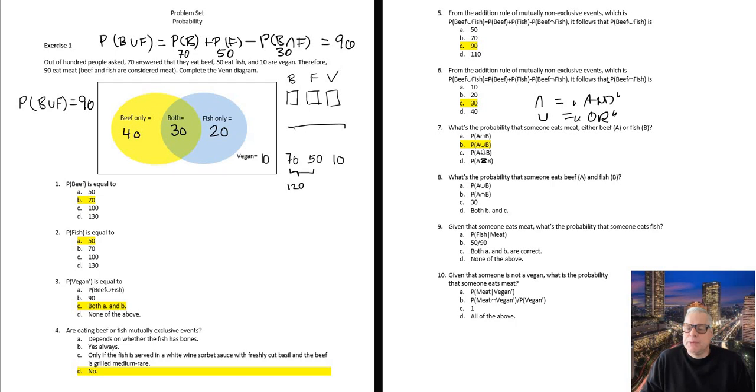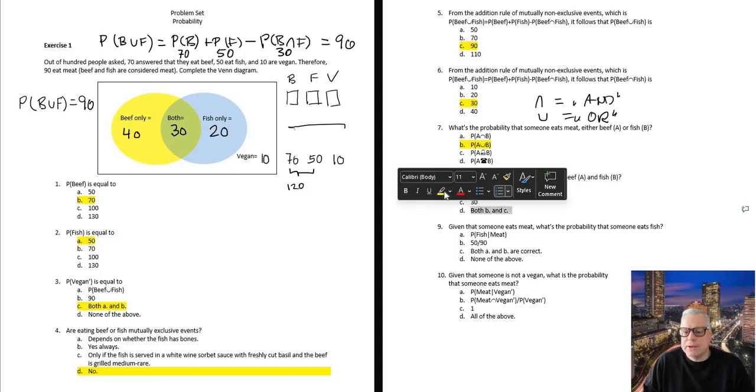So what's the probability then that someone eats beef and fish? Okay, so that's the probability of A and B, that's correct, and it is 30. So in this case, both B and C are correct.